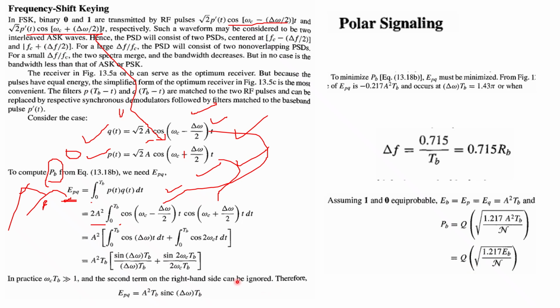Here we are getting the signal power, so the signal power will be the difference between the power contained in the mass and the power contained in the noise. You just take the difference, and you will get this one, right? In this way you can get the probability of error in FSK.